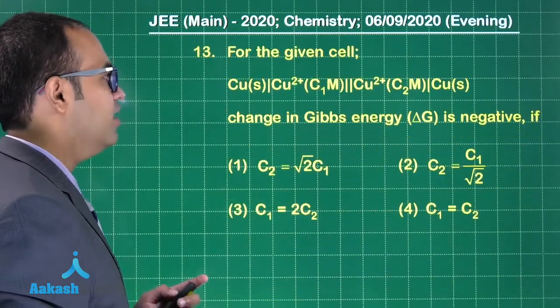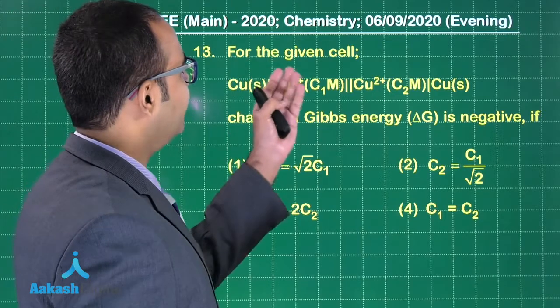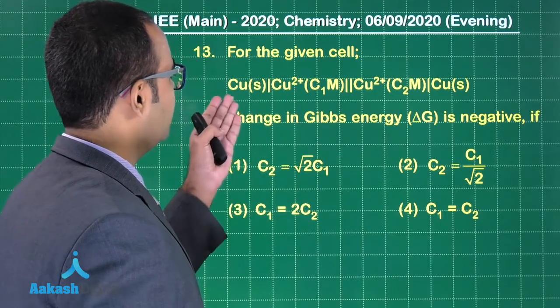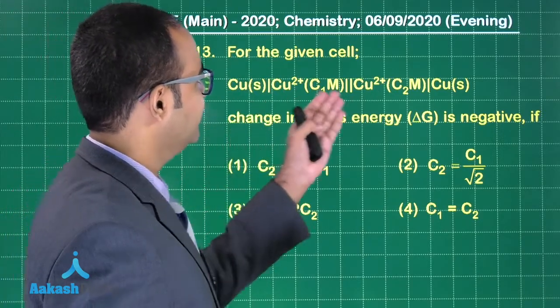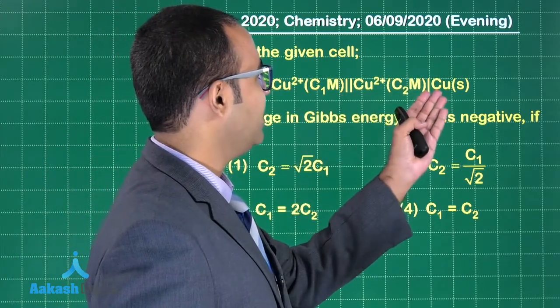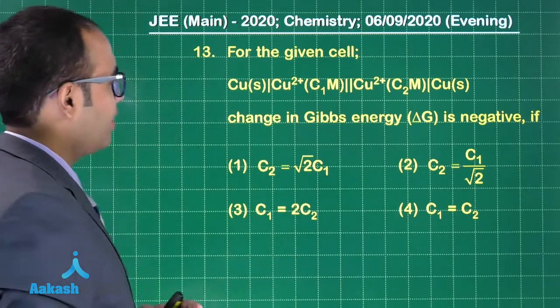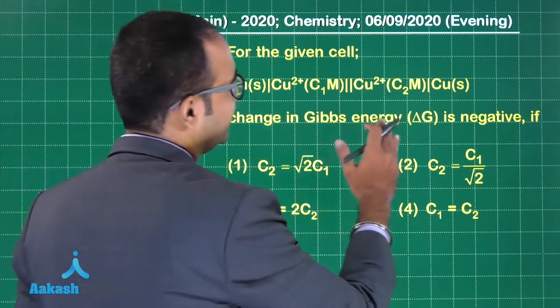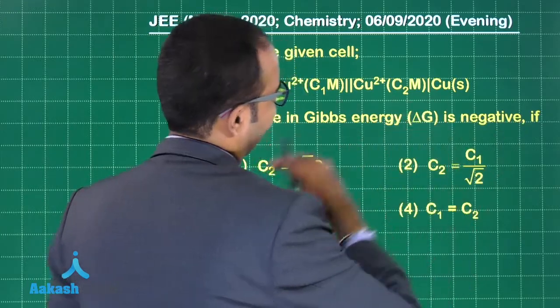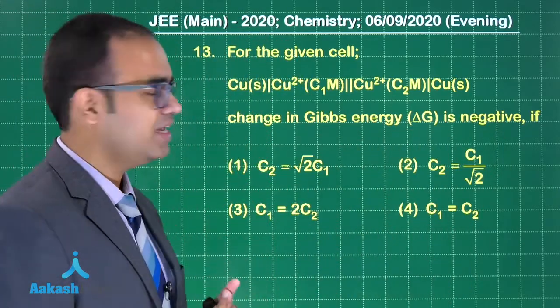That is question number 13. Okay, for the given cell, Cu2+ concentration C1, Cu2+ concentration C2 and Cu. So this is a concentration cell. Change in Gibbs free energy del G is negative if. Okay, so we have to predict when del G will be negative.